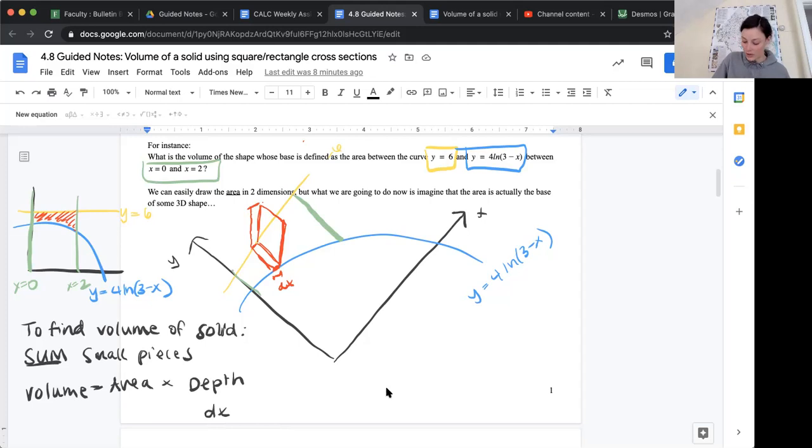Okay, so now let's think about our cross sections, and we know that they're squares. Further, we know that when we have a square, the base is equal to the height.